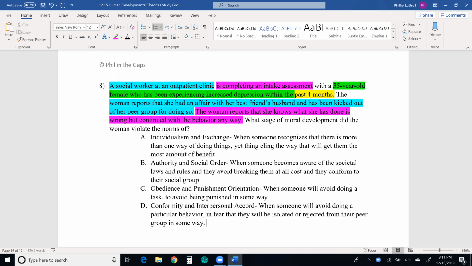Quick review: outpatient clinic, intake assessment, first time meeting them, 35-year-old female, increased amount of depression. It's been going on for 4 months. She had an affair with her best friend's husband, kicked out of her peer groups. She knew what she was doing was wrong. She throttled down and did it anyway.